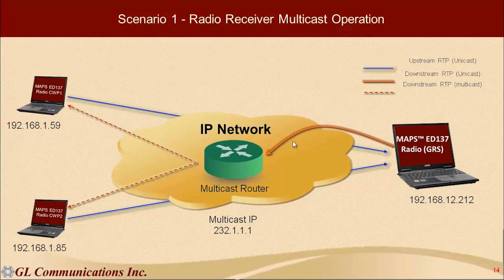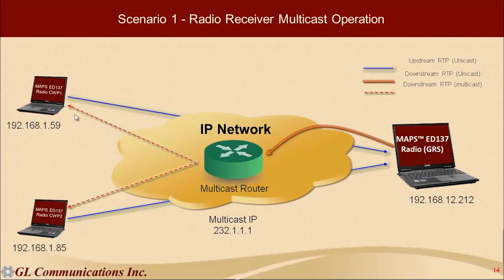As soon as the session is established, CWP will send an IGMP request to this multicast router, showing the interest to participate in the multicast session, and all the other CWPs will also send the IGMP request to the multicast router. The multicast router internally maintains a table with all the IP addresses which want to receive the multicast traffic.